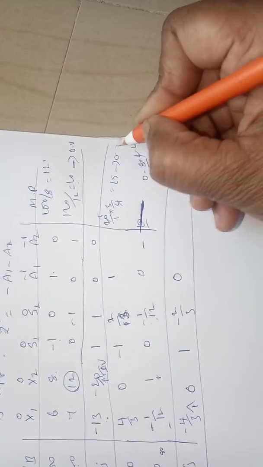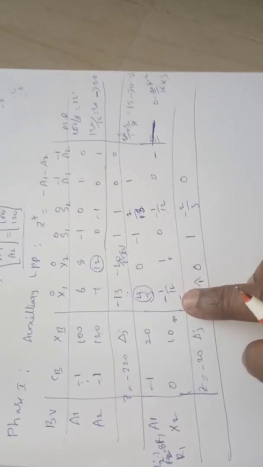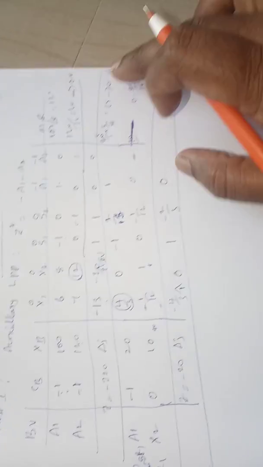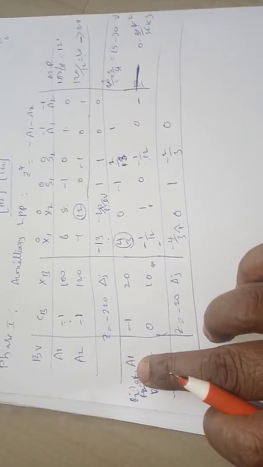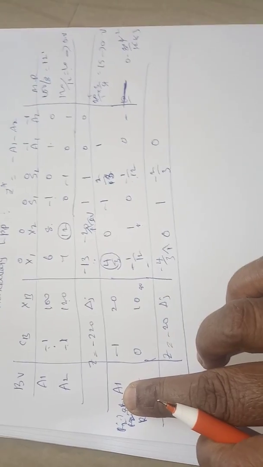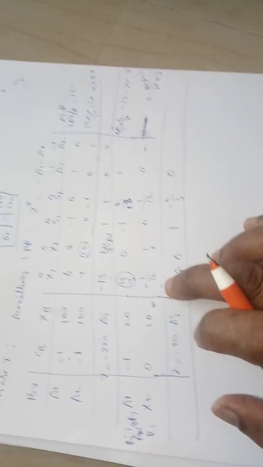So this is the outgoing vector. So here the key element is 4 by 3. By observing, the outgoing vector corresponds to a1, so you can eliminate a1. In that place you have to introduce x1, because the incoming vector corresponds to x1.